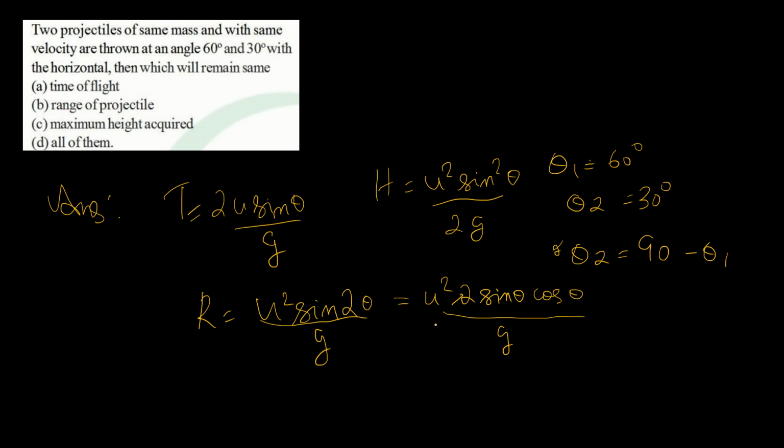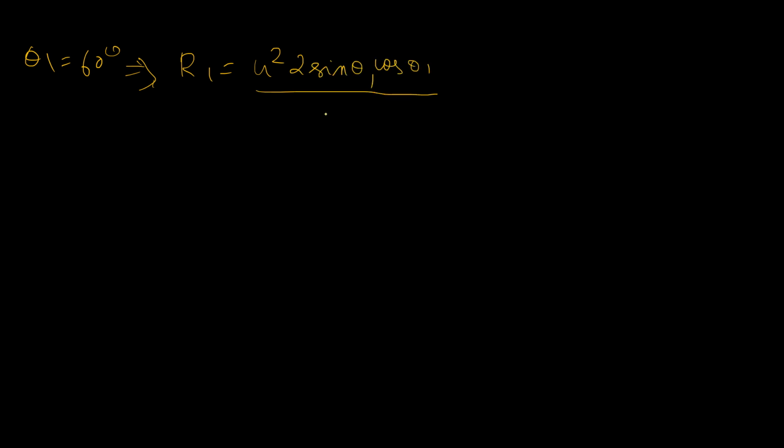Let us write the equation for range when theta 1 is equal to 60 degree. That will be R1. So I will go to the next page. When theta 1 is equal to 60 degree, what is the range? Range R1 is equal to u square 2 sine theta 1 cos theta 1 by g.